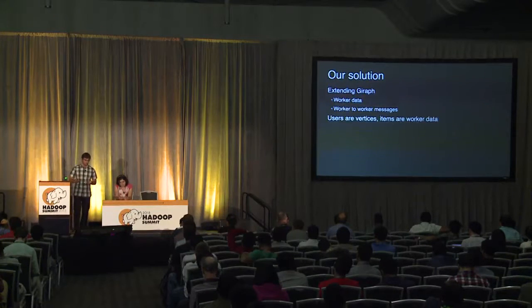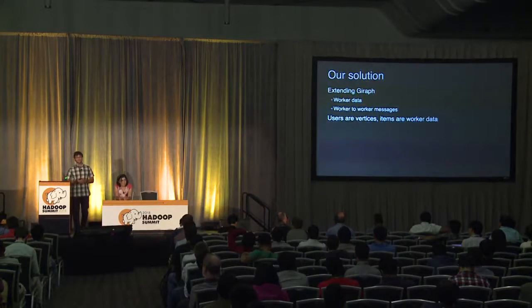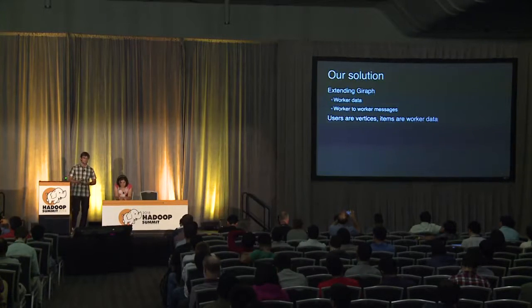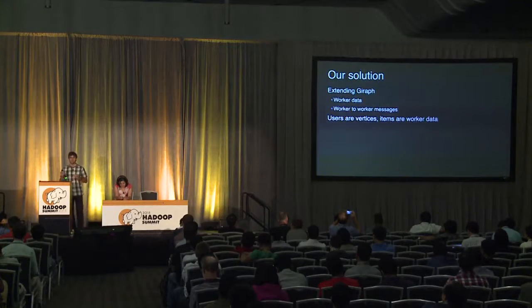In this new model, users are, again, the vertices of the graph, and user feature vectors are stored as vertex data. But now items we store in worker data, which is a shared memory on every worker, so that all vertices on that worker have access to it.